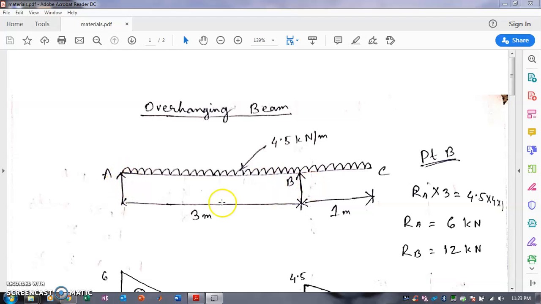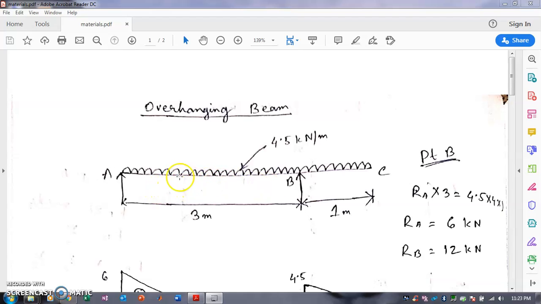The distance between A and B is 3 meter, so the moment will be RA into 3 meter, equal to the moment due to this uniformly distributed load. Here we have considered the UDL of 4 meter, and it will act in anti-clockwise direction with respect to B, so they will be equal, because clockwise moment equals anti-clockwise moment.